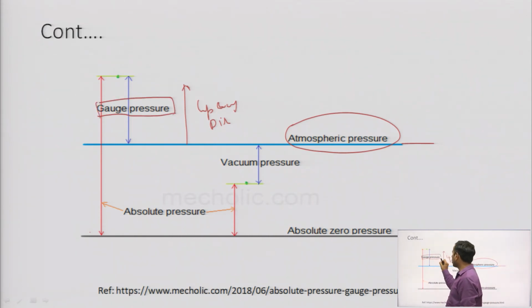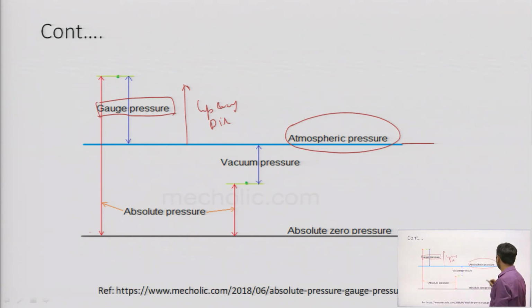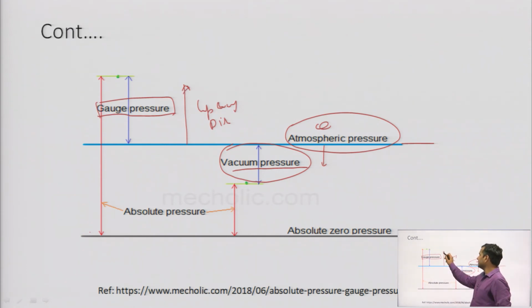Likewise, when we talk about the vacuum pressure in reference to the atmospheric pressure, if the pressure is measured in the downward direction, then it will be called vacuum pressure. So, when we measure it in a downward direction, it will be called vacuum pressure, and when it is measured in the upward direction, it can be called gauge pressure.